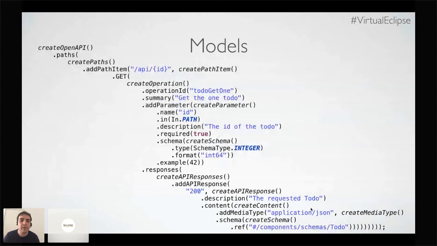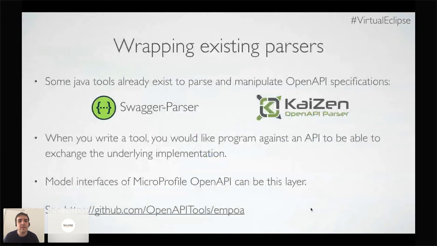So you recognize more or less the YAML structure, but you have the Java builder pattern in order to create the specification. And this is interesting because you have already some parsers that exist, and they are not implementing those interfaces.